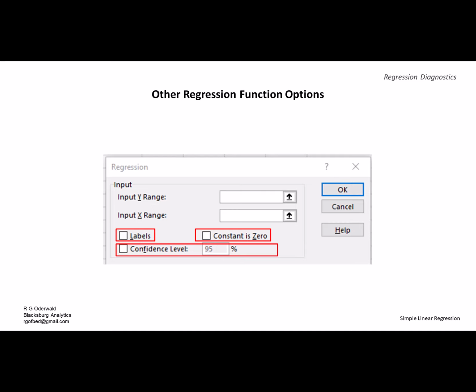Checking constant is 0 forces a 0 intercept on the regression. Don't check this box. Forcing a 0 intercept messes up many of the values of the diagnostics, including the R-square. Checking the confidence level box and selecting a confidence level puts that information in the second confidence interval column in the output for intercept and slope. Use it if you want something other than a 95% interval.